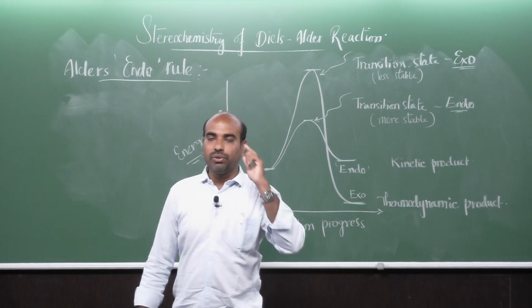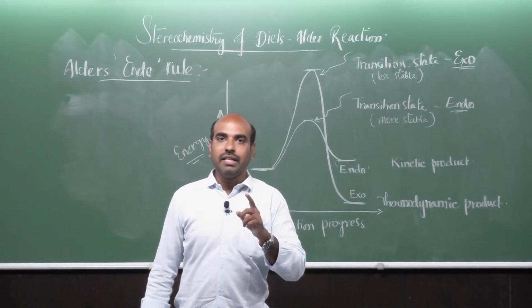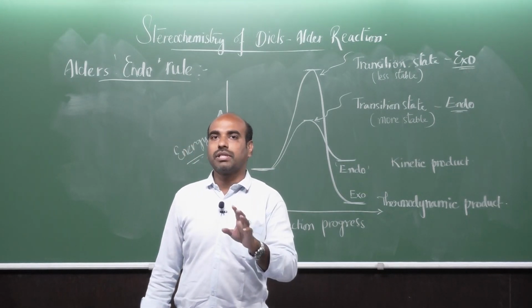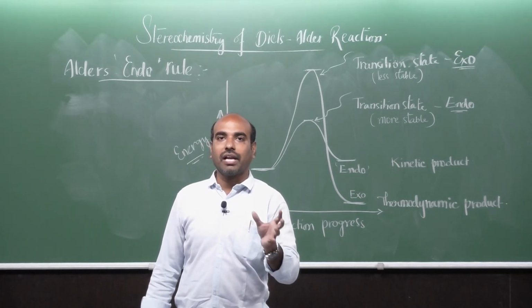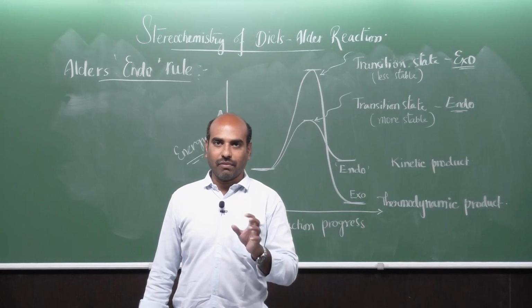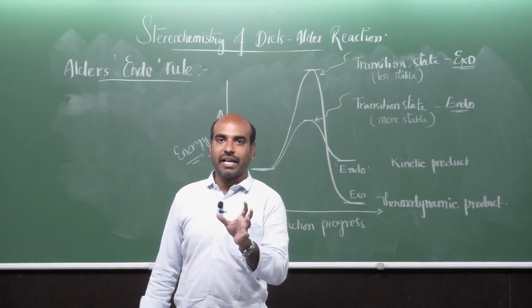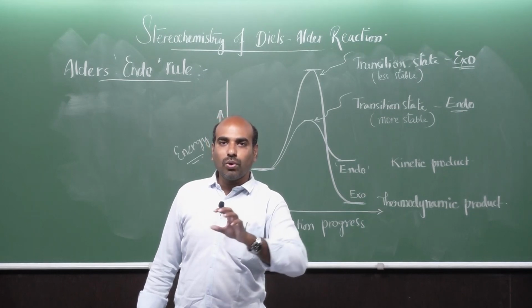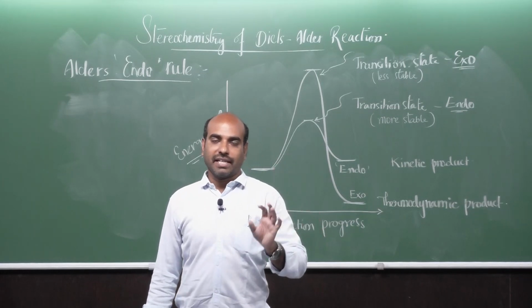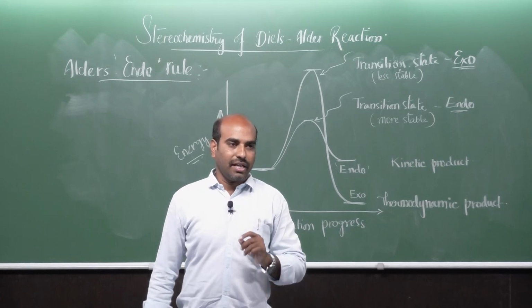One thing we always need to remember is that pericyclic reactions are mostly reversible in nature. Upon increasing the energy, or leaving the reaction for several hours or days, it slowly goes back to the reactants. That means the reaction is reversible.